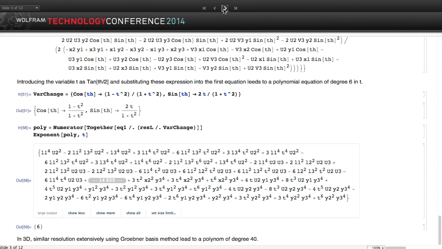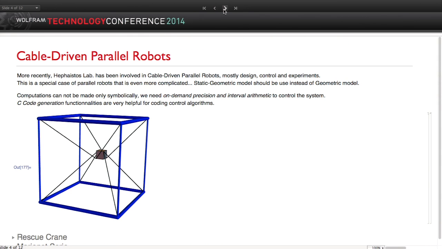More recently, we have been interested in cable-driven parallel robots, because once the solution of the model had been found in the 80s, in the 90s, the researchers wanted to find another game to play with.